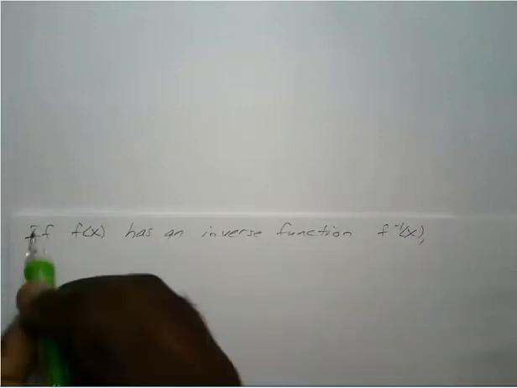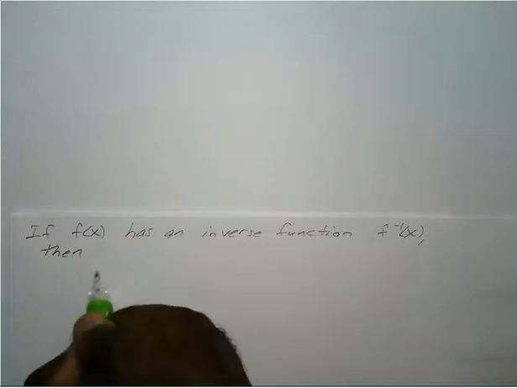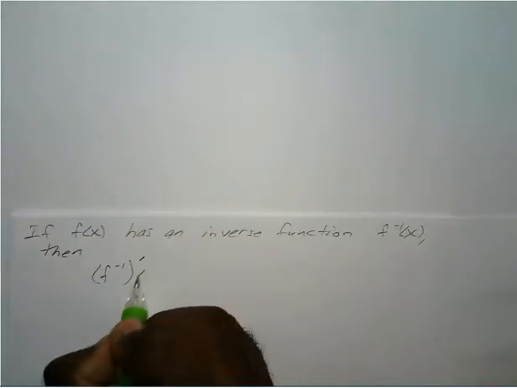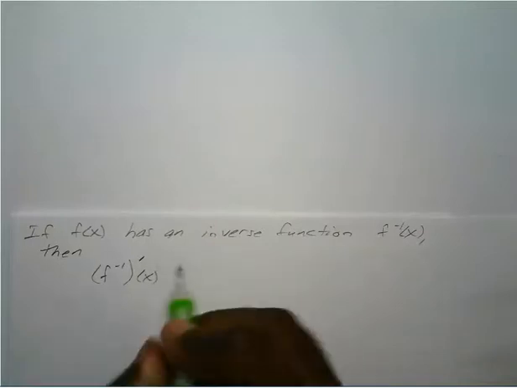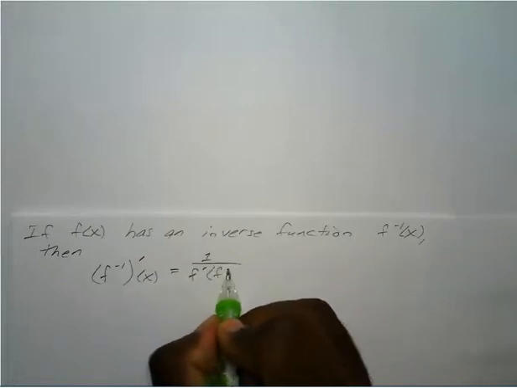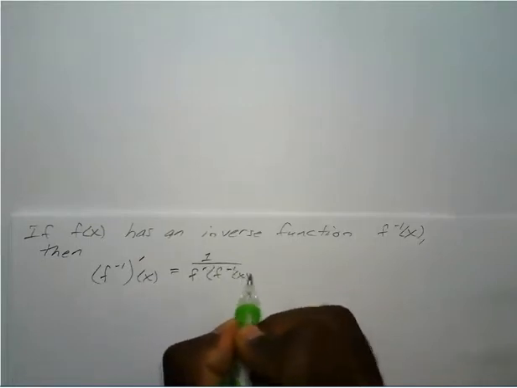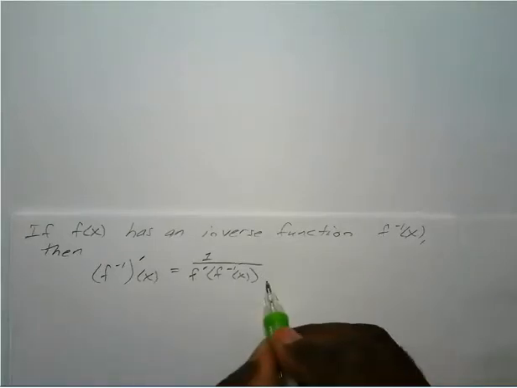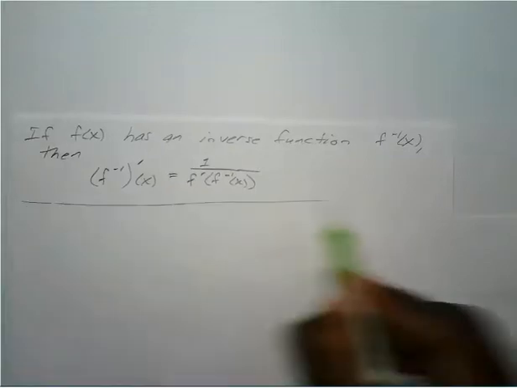Now if that's the case, then the derivative of f inverse is equal to 1 over f prime of f inverse of x. All right, so we're going to go ahead and prove that that's the case.